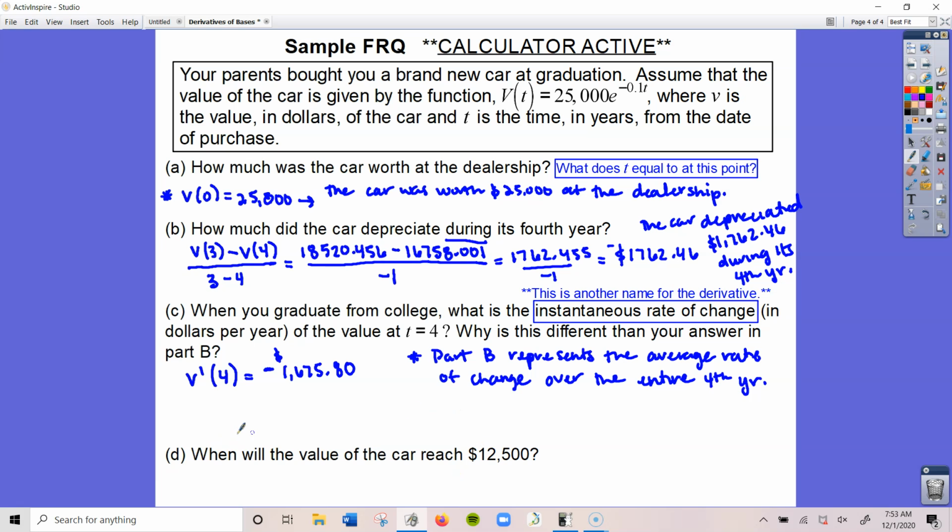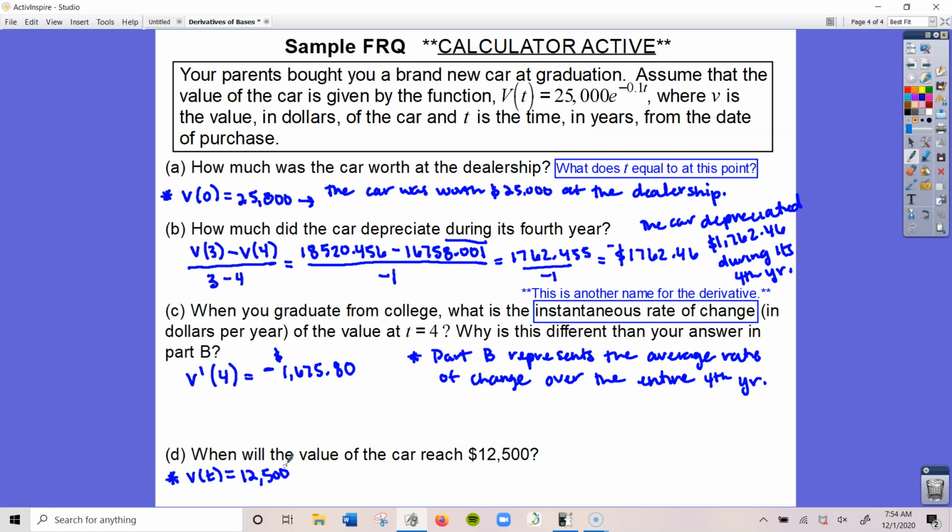Lastly, we have when will the value of the car reach $12,500? So what this means is that we're looking for when V of t is equal to $12,500. Now the calculator cannot calculate a particular t, or in the calculator, a particular x value for some particular y value.